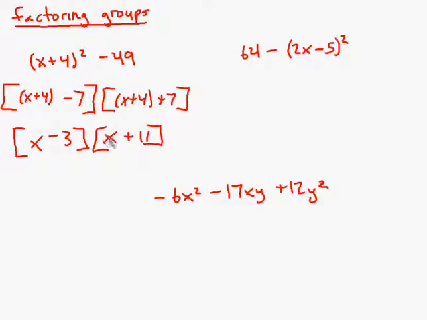And now I have successfully factored that. Now, if you want, you can expand this thing. X plus 4 times x plus 4 gives me x squared plus 8x plus 16, combine these.